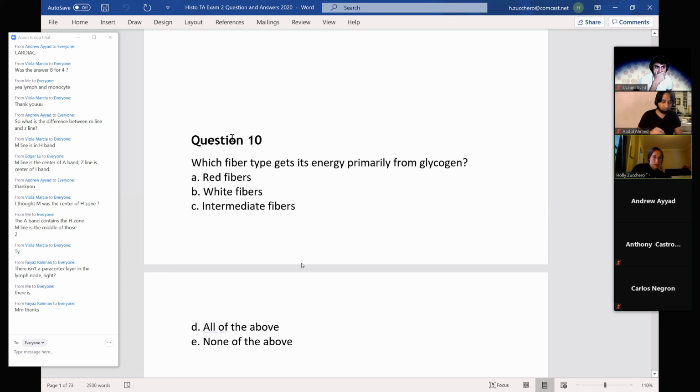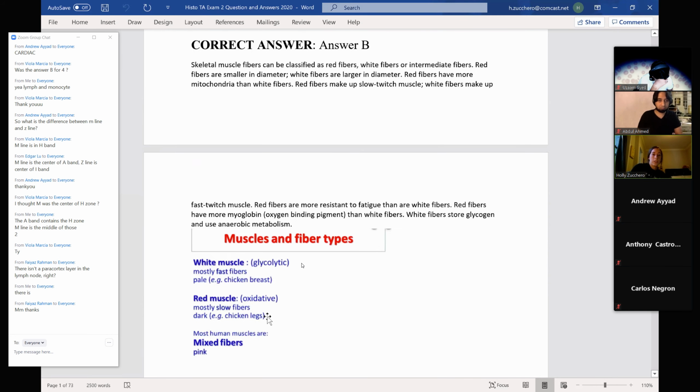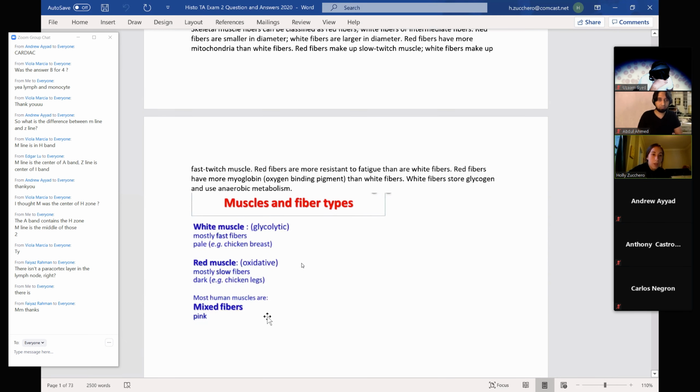All three of these are types of skeletal muscle fibers. So you have red, white, and intermediate fibers. So here's the explanation. Your white muscle is your glycolytic. They are fast, the ones that are going to be active whenever you're doing quick movements.